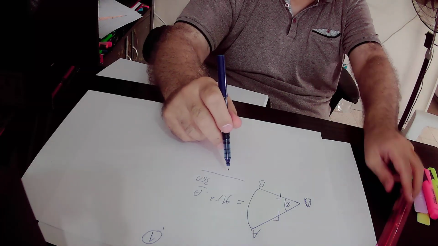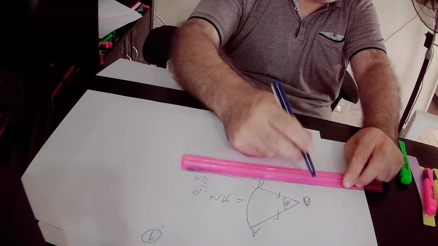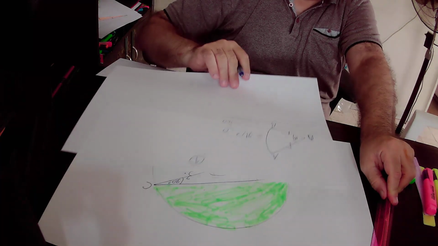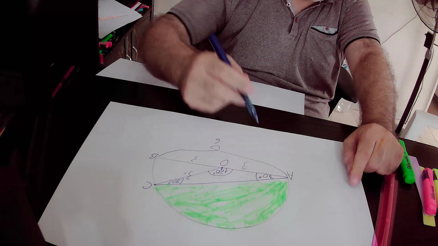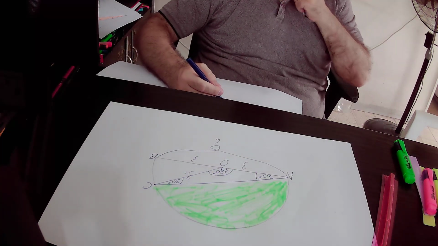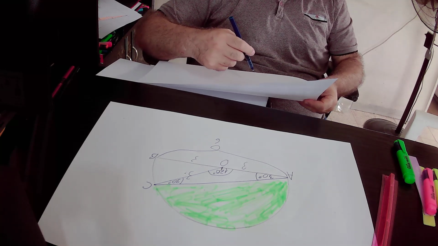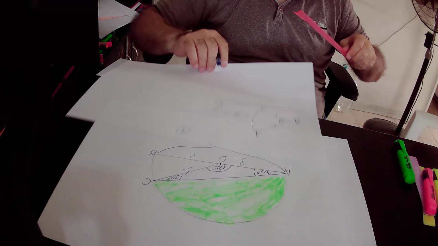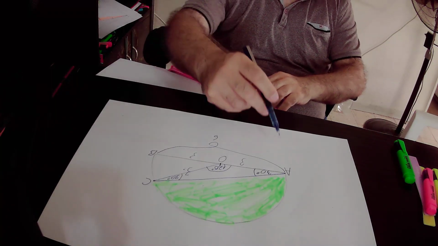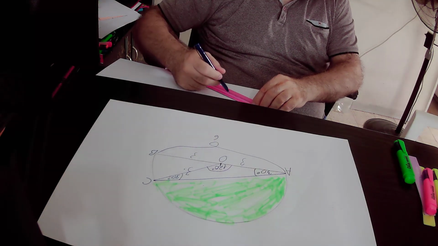We will implement the new formula in order to find out the area of sector AOC. What is the area of this sector? Sector AOC. Here I copy the sector here. We have the two legs are both equal to 3 units.